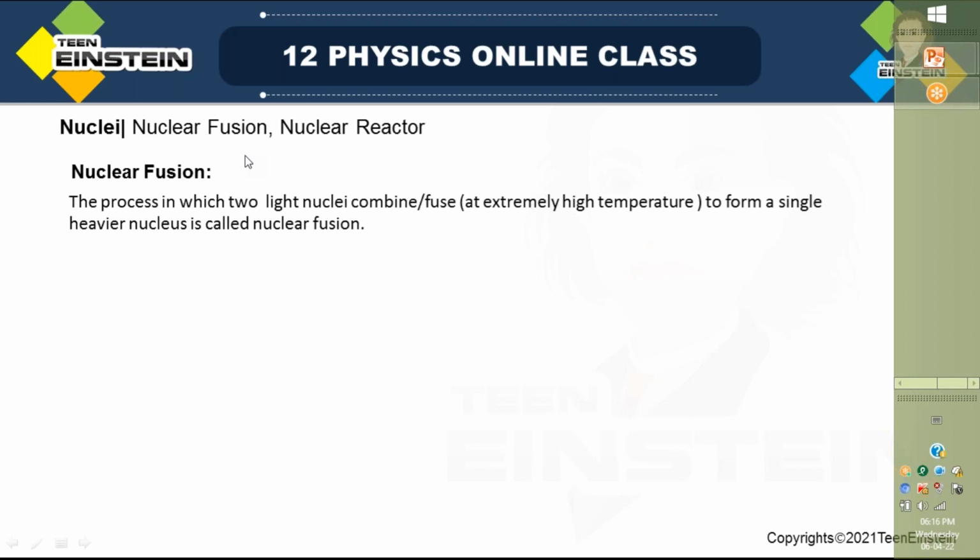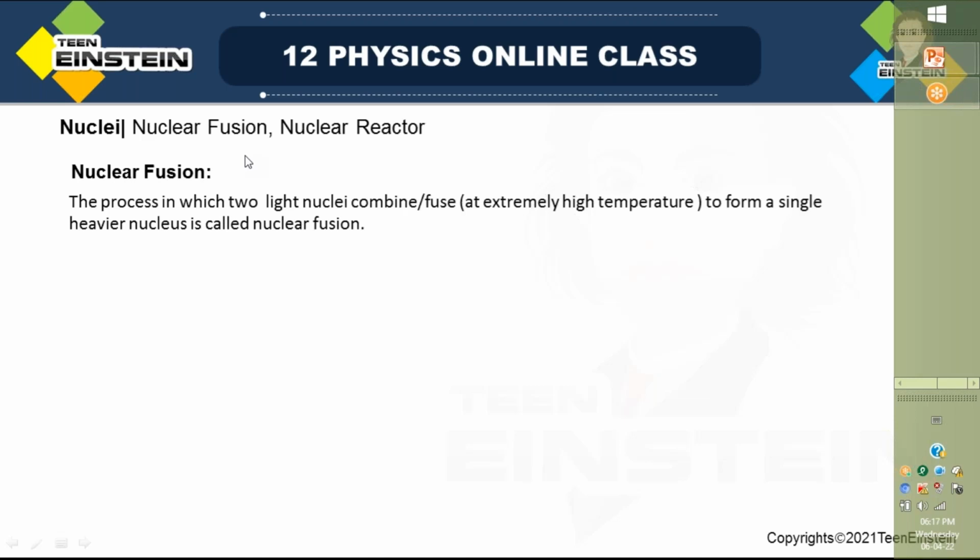Nuclear fission we had already discussed, and fusion also we had discussed a little bit. But there are a few more important points which we need to learn about nuclear fusion. So first we'll learn a little bit of nuclear fusion, and then we'll learn about nuclear reactor.